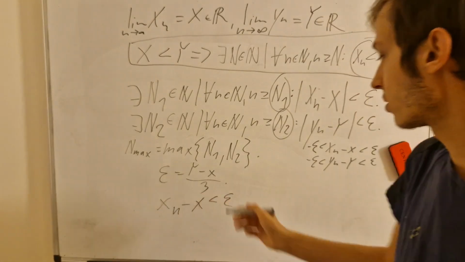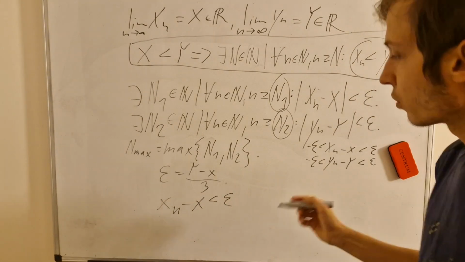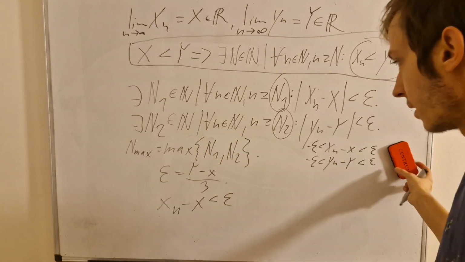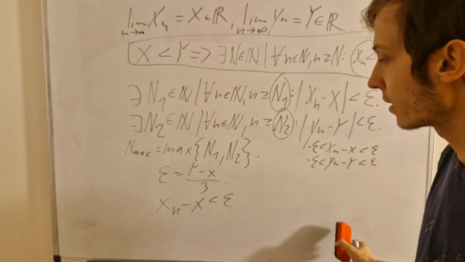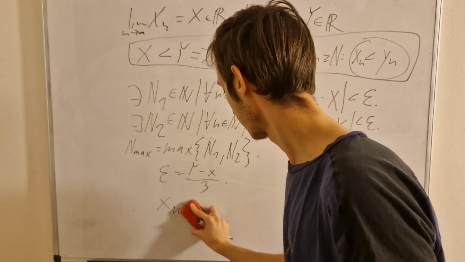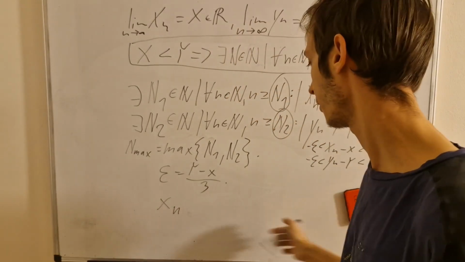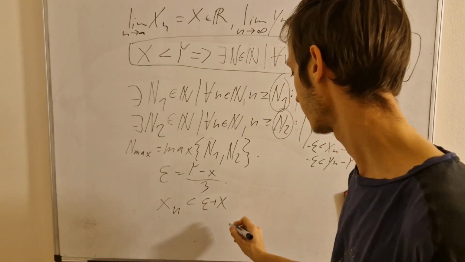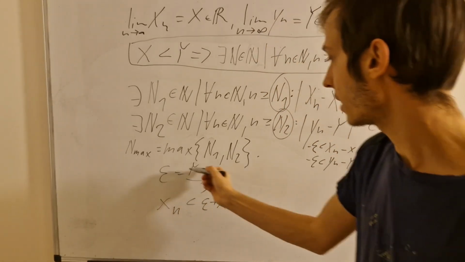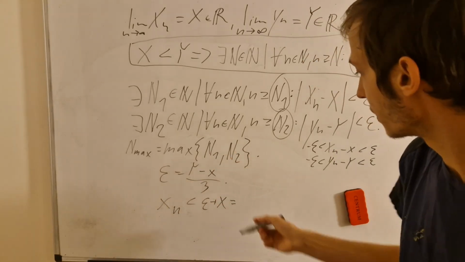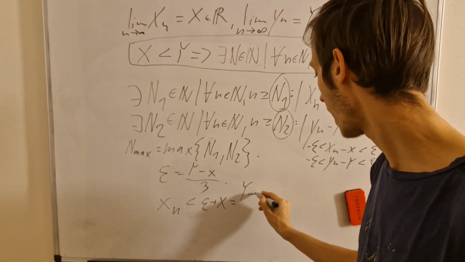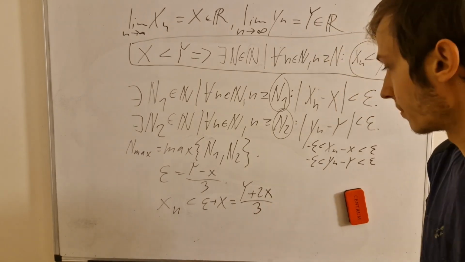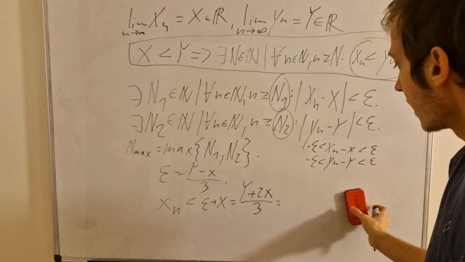But x_n minus X is smaller than epsilon, because we set epsilon equal to a concrete value in terms of y and x, so I can add X to both sides and I'll have epsilon plus X. If we take the value of epsilon, with a common denominator, we actually get (Y plus 2X) over 3 for that. But we still didn't get to y_n.